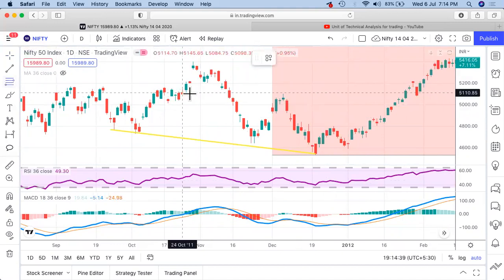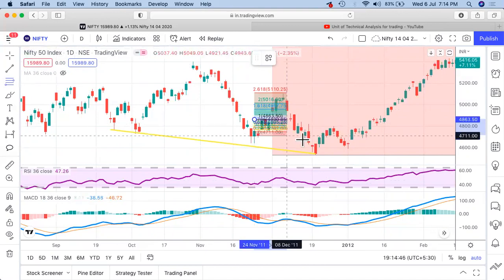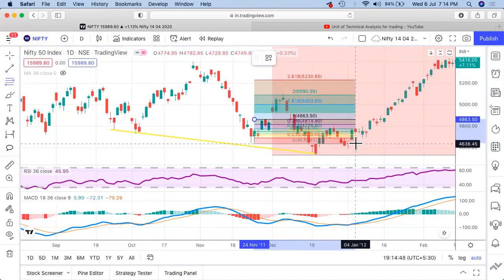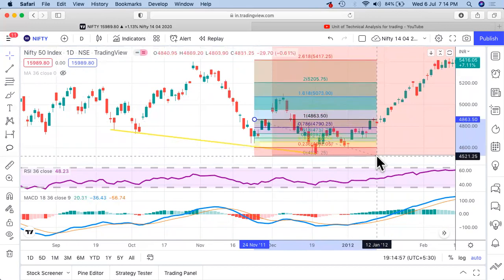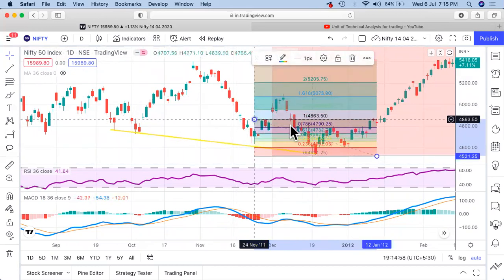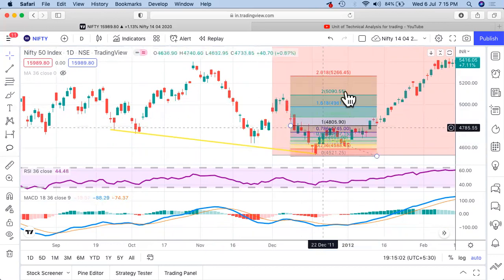Now, it's not necessary that, let's say, for example, here we had a price action, the target did go up to 2, and after that you had more price action where the target did go up.